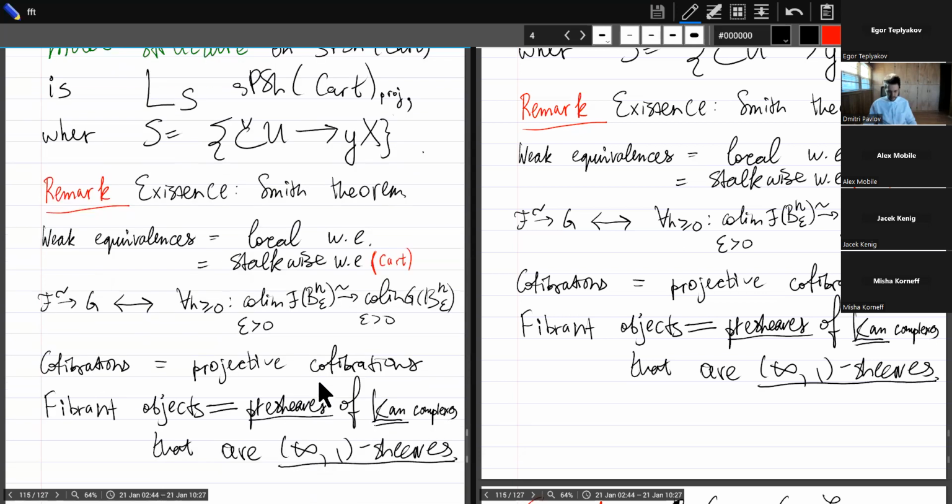And a nice description of local weak equivalences of simplicial presheaves on the Cartesian site is that these are maps that induce a weak equivalence on all n-dimensional stalks. Is it immediately clear that this holds? No. It's not immediately clear, and it's something you must prove separately. In fact, you can find some of the proofs in the literature. Maybe here's one reference, I think it's fairly readable. There is a book by Ambel, Gabriel, and Hay.